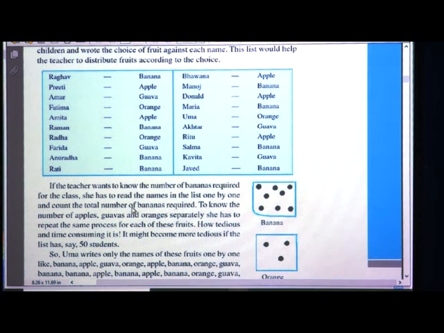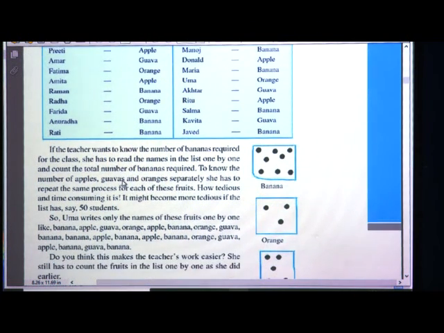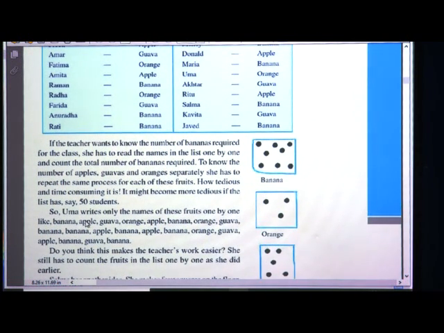So, instead of that, what has been done here? Uma writes only the names of these fruits one by one, like banana, apple, guava, orange, apple, banana, orange, guava. Okay. So, instead of writing the names of students, she has written only the fruit.